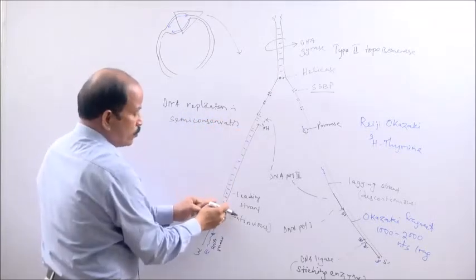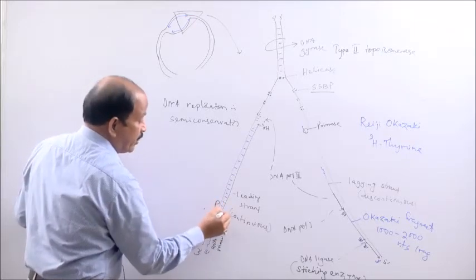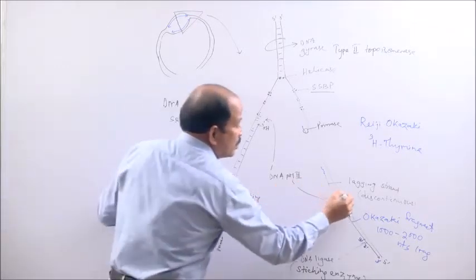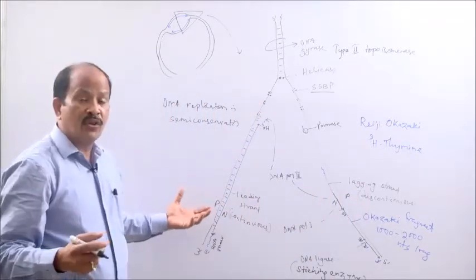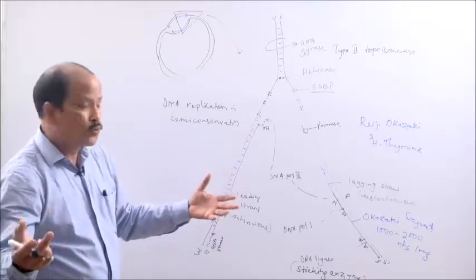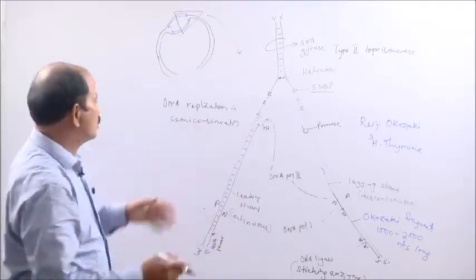Now, this is a new DNA, exactly, it is synthesized already. This is the parental strand and this is the new strand. Similarly, this is parental, this is new. So, in each DNA, one strand is the parental strand and there is a new strand. That's why half of the parent is conserved in each DNA. That's why it is semi-conservative.